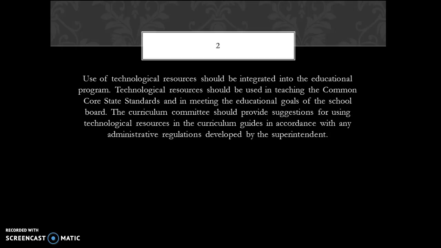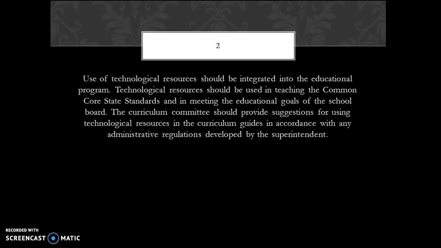Use of technological resources should be integrated into the educational program. Technological resources should be used in teaching the Common Core state standards and in meeting the educational goals of the school board.